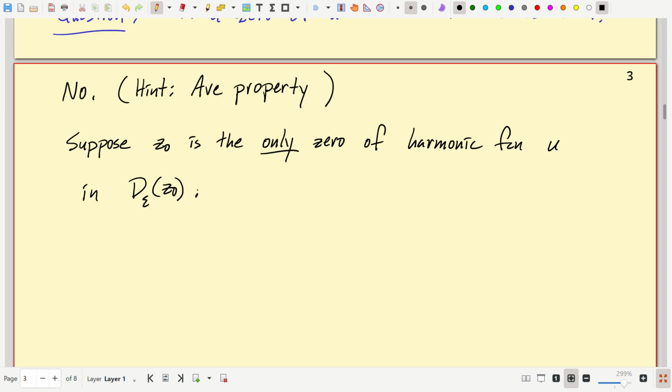So I've got a little disk of radius epsilon about z naught. What I claim is that u has to be either always positive or always negative in that punctured disk.